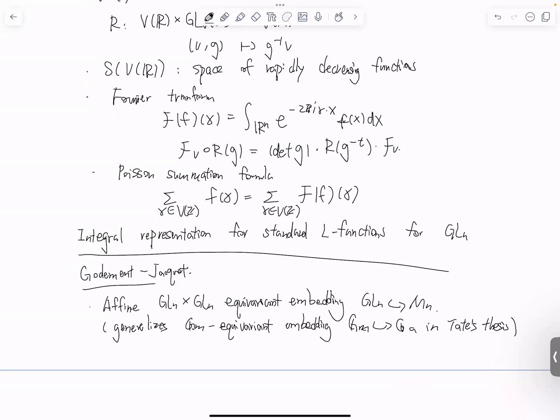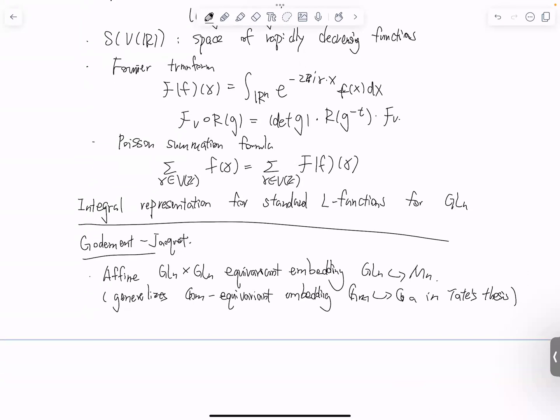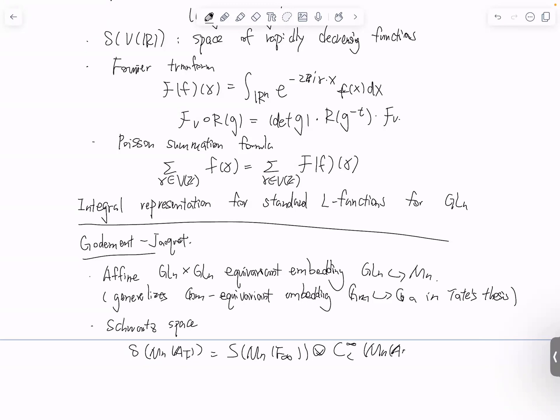Generalizing Tate's thesis, they have an integral representation for GL_N, and they use the Schwartz space for n by n matrices, S(M_n(A_F)), which is a vector space. This can be decomposed into local pieces. At Archimedean places, this is just the usual Schwartz space, tensored with the space of compactly supported smooth functions for non-Archimedean places.